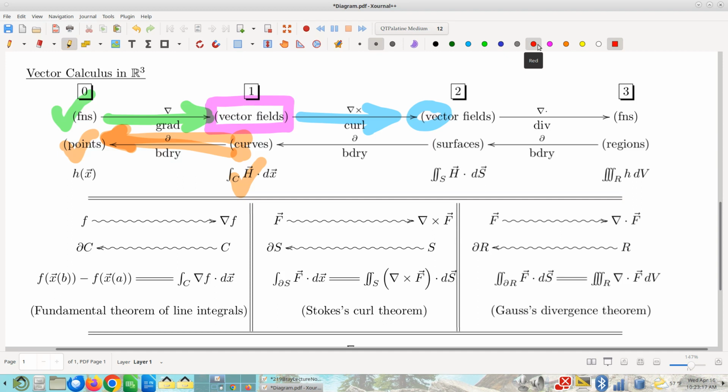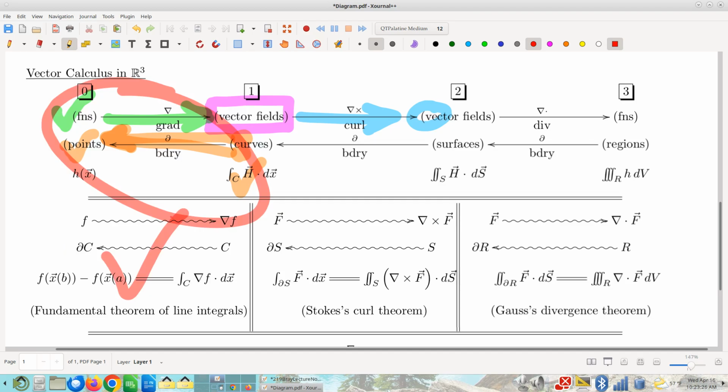And so, for example, how did we make the connection between gradients and path independence? Well, we used the fundamental theorem of line integrals. And you can go back to chapter 6 and remind yourself, when we first introduced path independence, I made the observation that gradients are all path independent, and you'll notice that the fundamental theorem of line integrals was the key tool that allowed us to draw that conclusion.